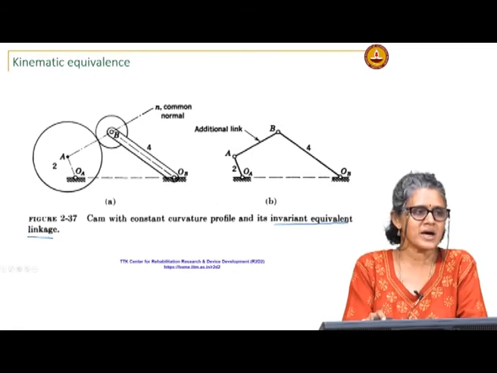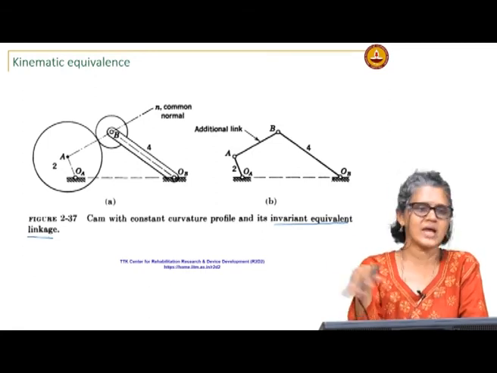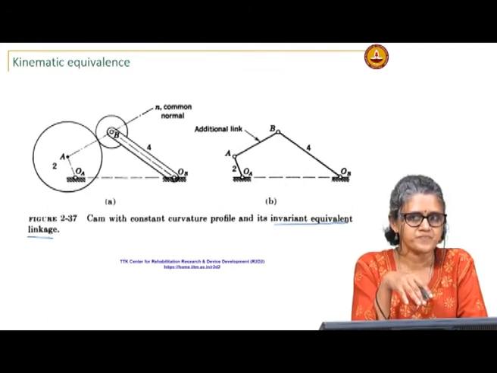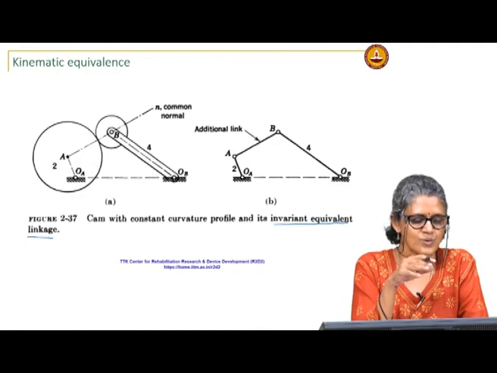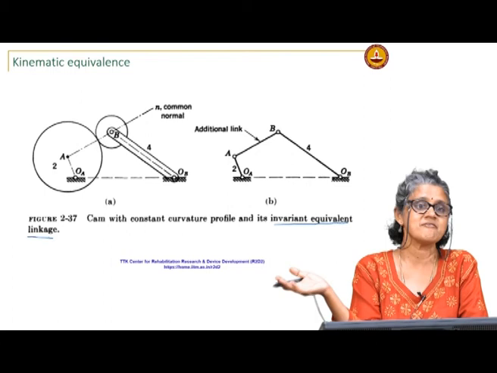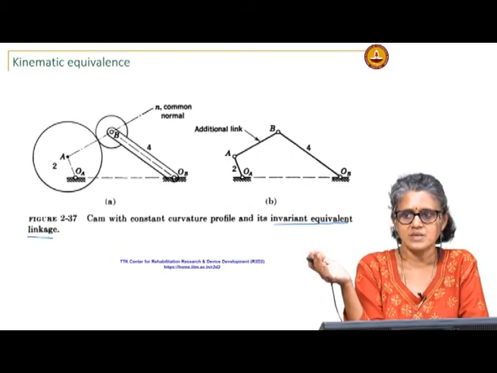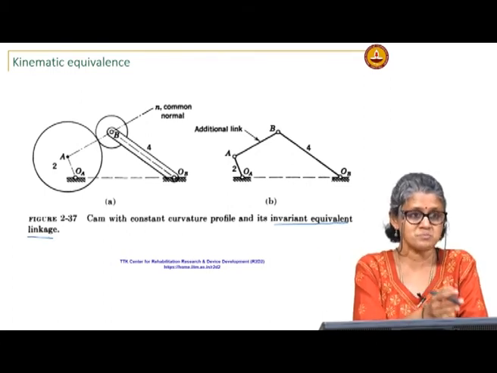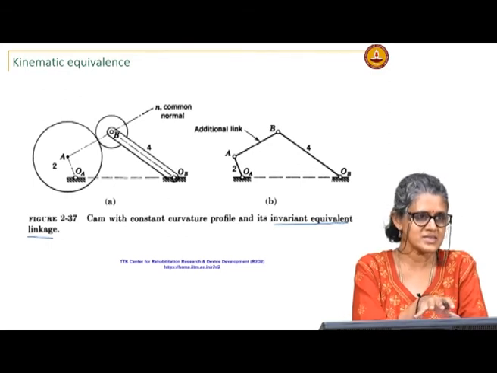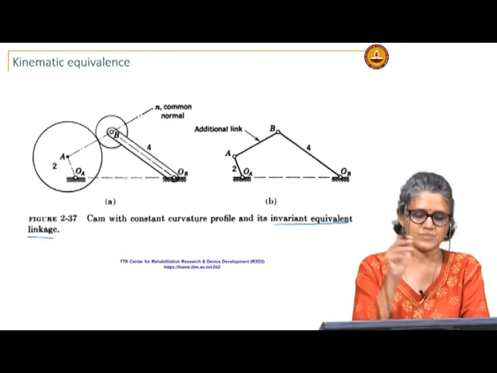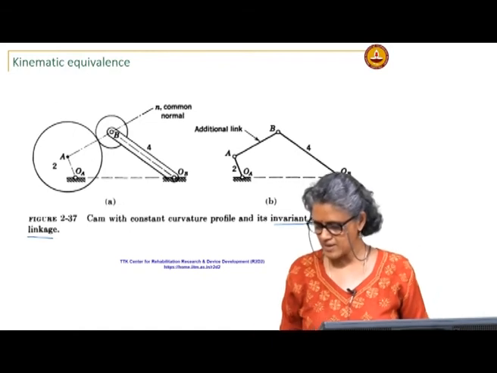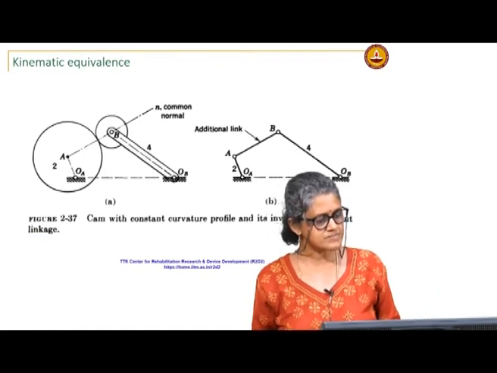So, it is the same 4 bar that I can use to analyze the motion over the entire range. Okay. So, the instantaneous 4 bar is the same as the 4 bar at every instant, okay, which makes life a lot simpler. Analyzing this is a lot easier than analyzing this.